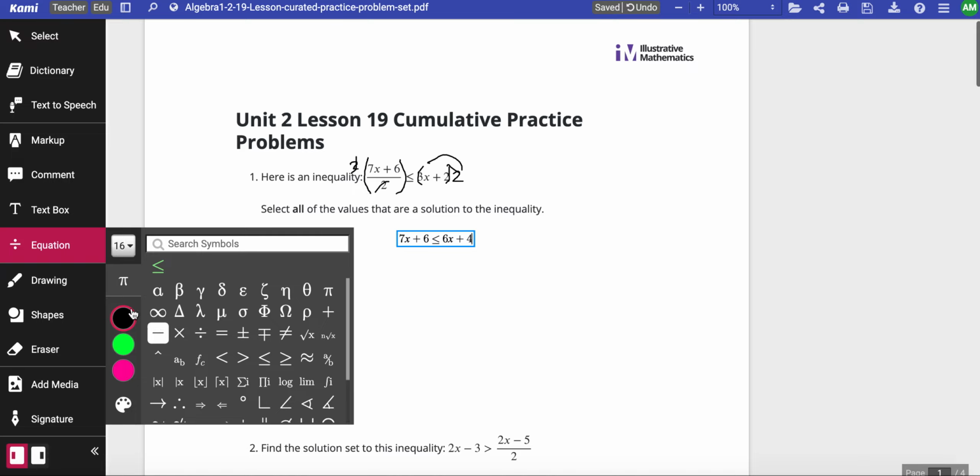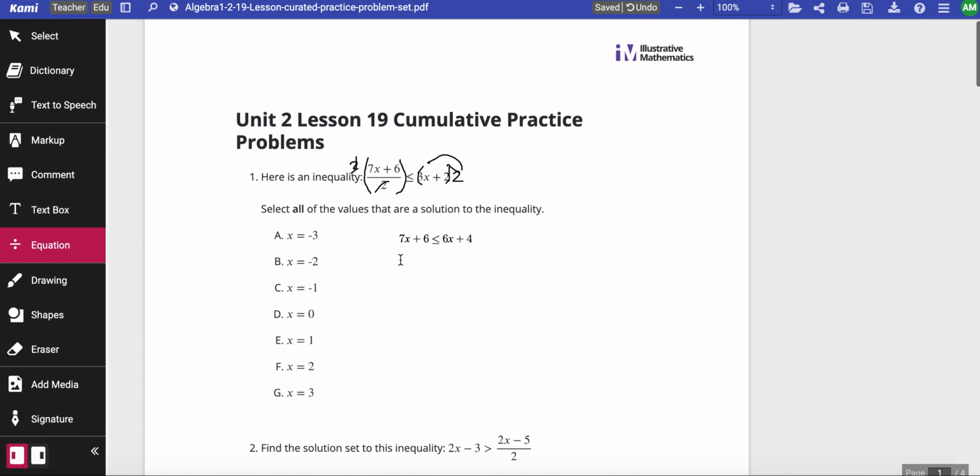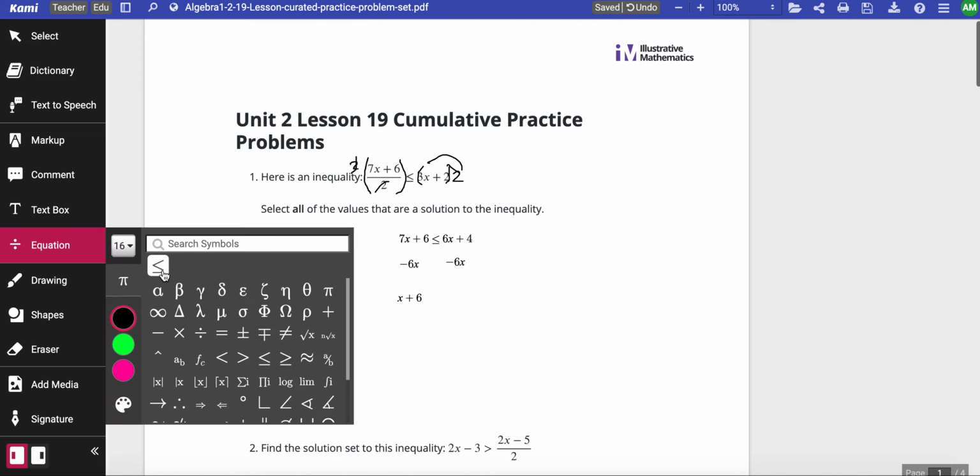Then you need to get your x's on the same side. So right here, subtract 6x. So subtract the smaller one. And then you would have 1x, or just x, plus 6 is less than or equal to 4.